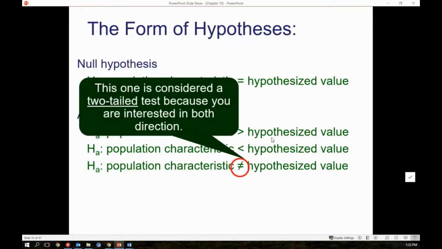The one that's not equal to is considered a two-tailed test because we're interested in both directions. Is it bigger? Is it smaller? We want to know about both directions. So it's considered a two-tailed test.